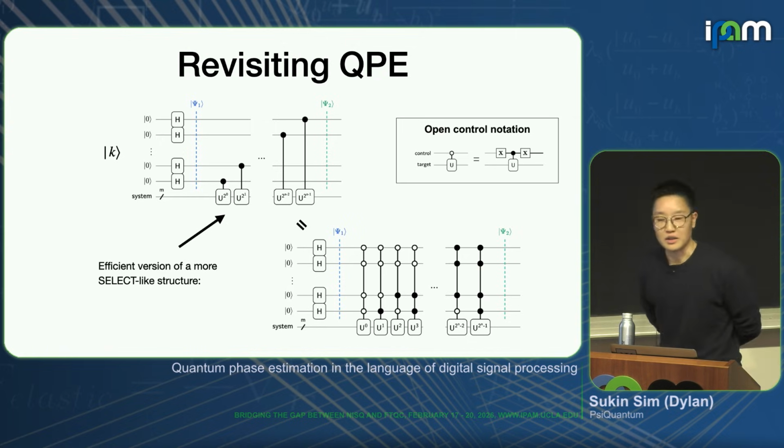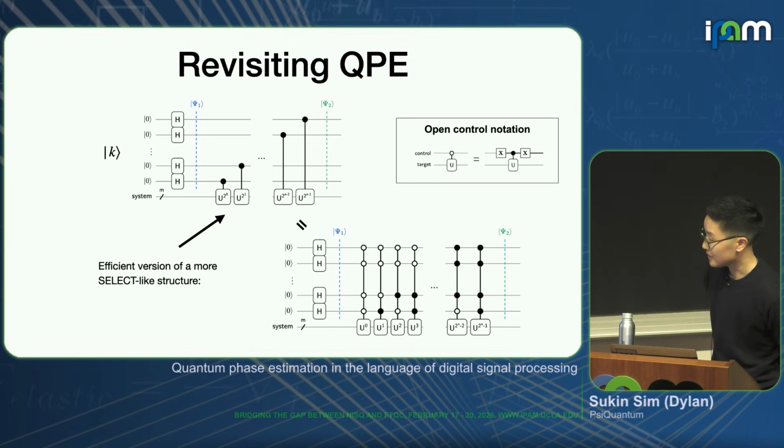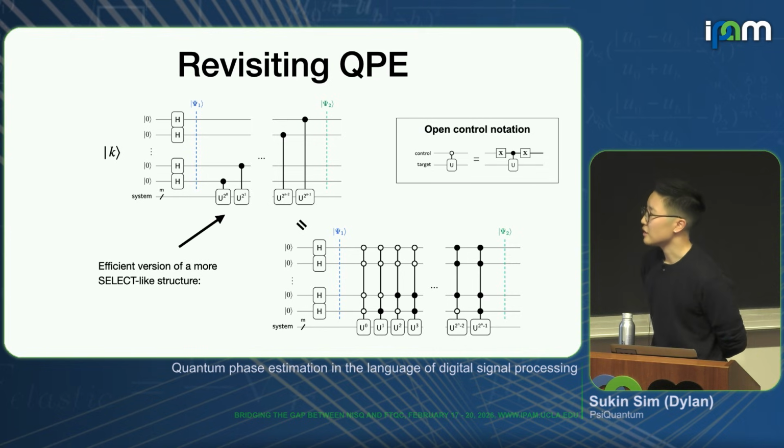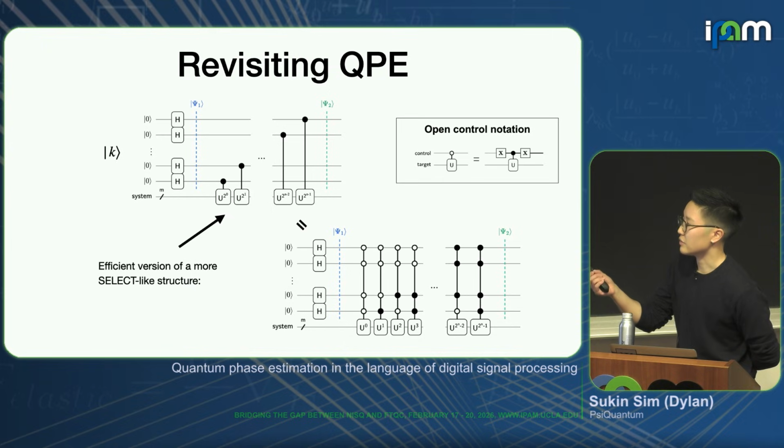For those of you in fault-tolerant quantum algorithm development, you might notice that this is more like a select-like structure. The one on top removes some redundancies in the circuit, as well as explicitly accounting for the fact that K is encoded in binary.